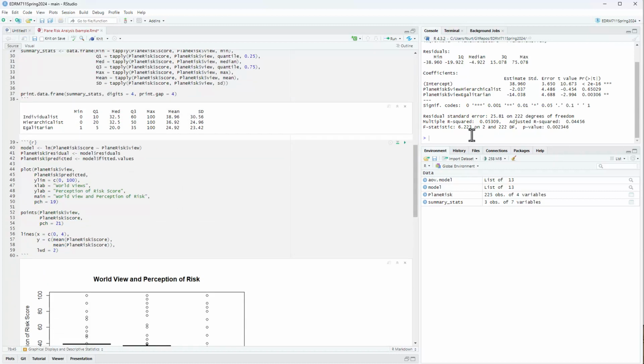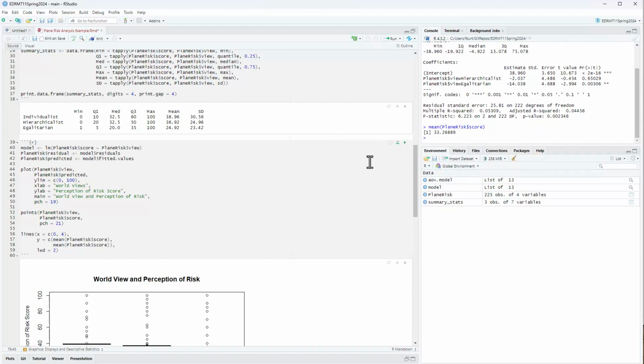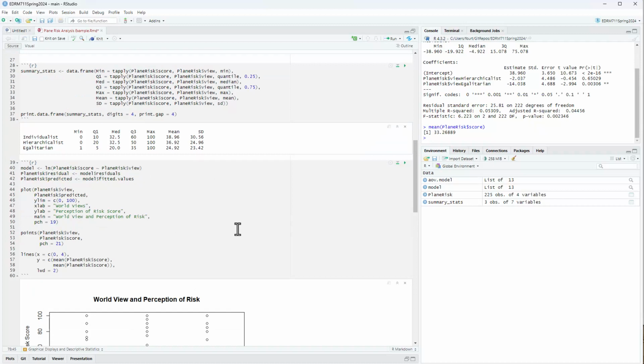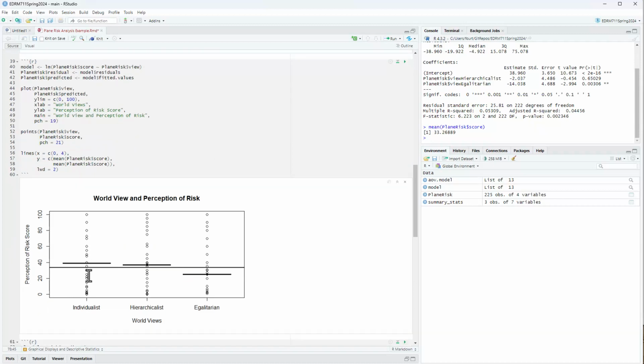And for the grand mean, let me go ahead and calculate it in the console. That's 33.3. So the difference of 38.96 and 33.3 would be the explained.